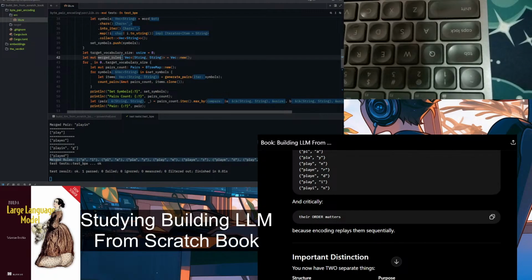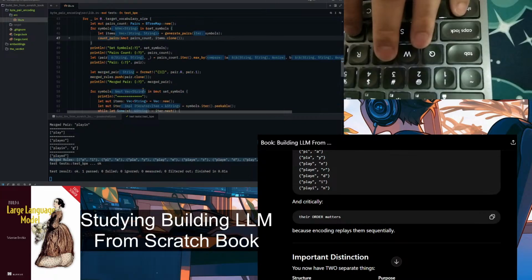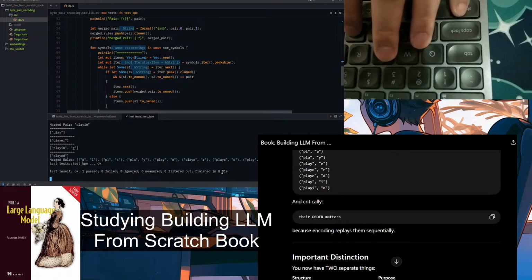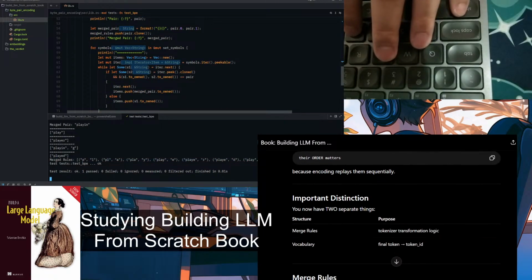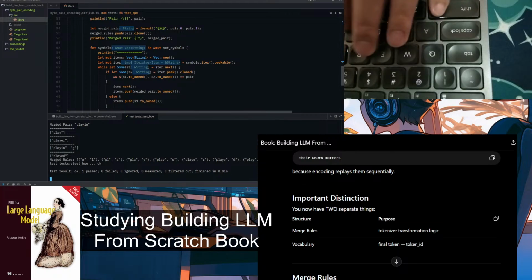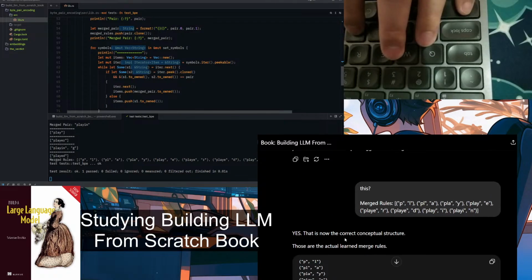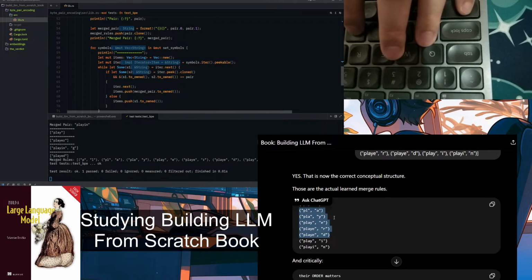So BPE, or byte pair encoding, is what I'm currently doing. In the book, it's using a library since it's in Python. But since I'm trying to really understand how it works, I tried to do it from scratch.